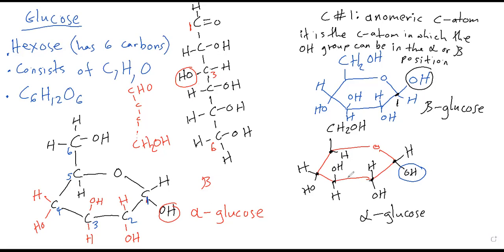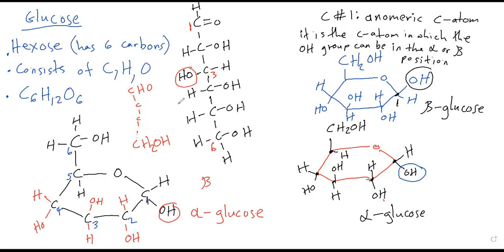When you come to the ring structure, you notice all the OH groups are pointing outside of the ring, but the one on carbon number 3 is pointing on the inside. So when this open chain is converted into the ring format, the OH is pointing inwards.